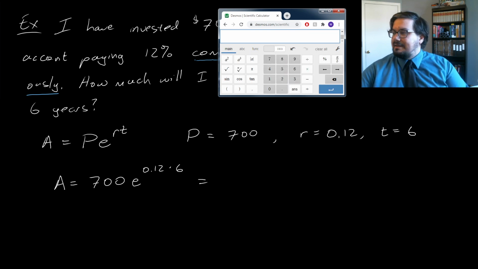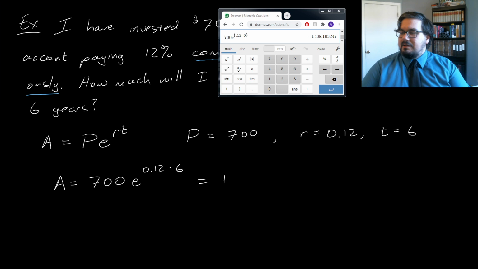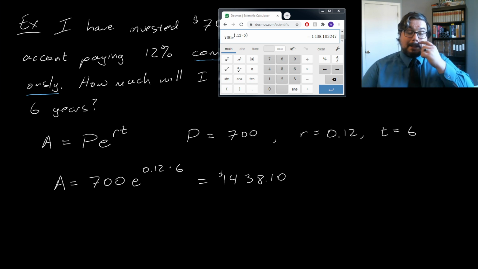We can say that the amount is 700 times e raised to the 0.12 times 6. And we see that that'll get $1,438.10.